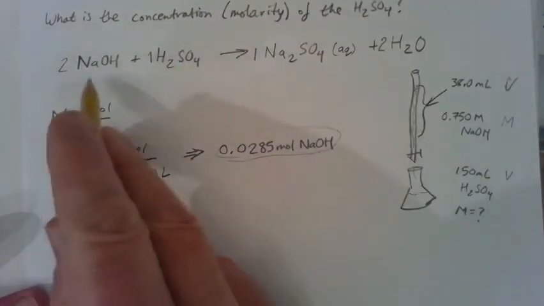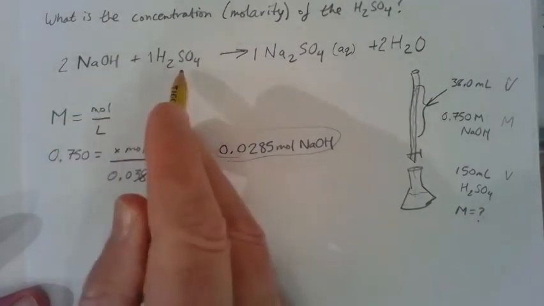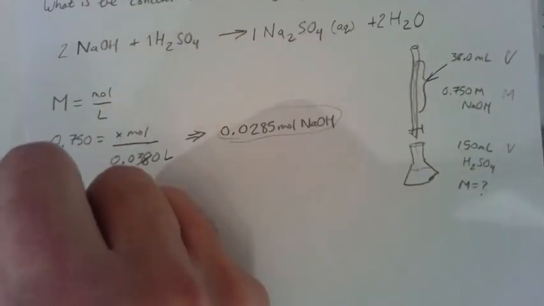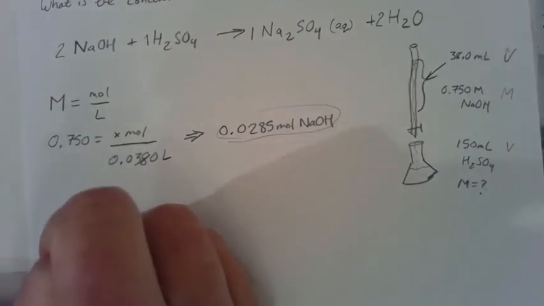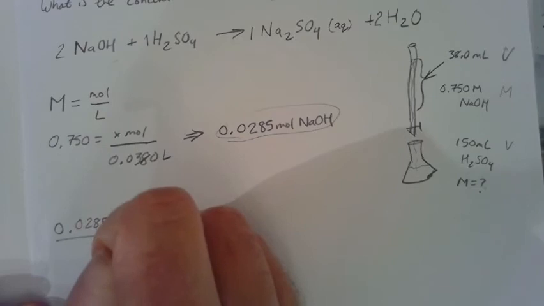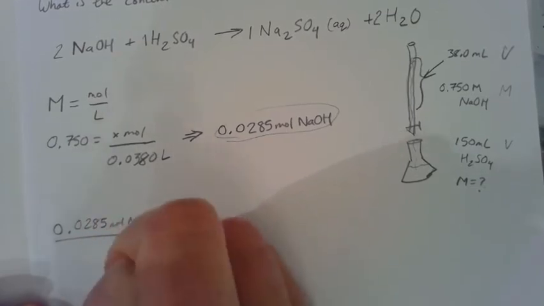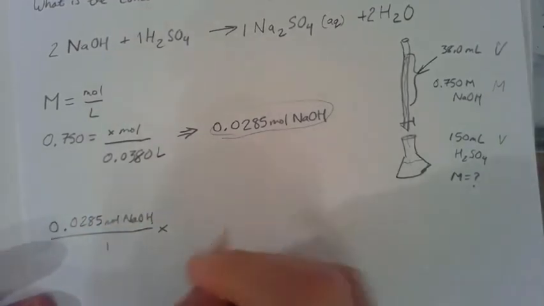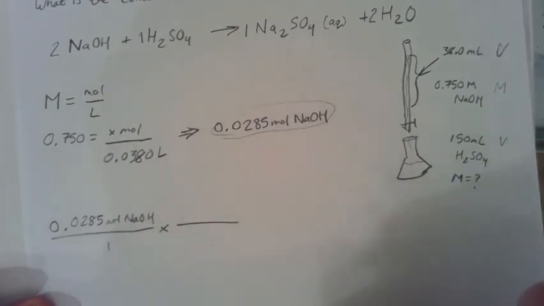We're trying to figure out what it takes to completely react. So we're going to start with that number of moles of base, and do a one-step stoich to get the moles of acid.